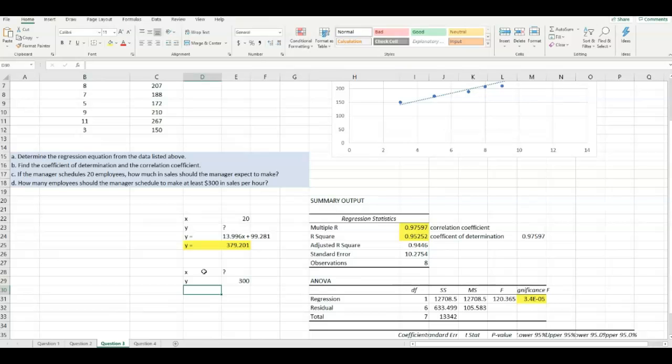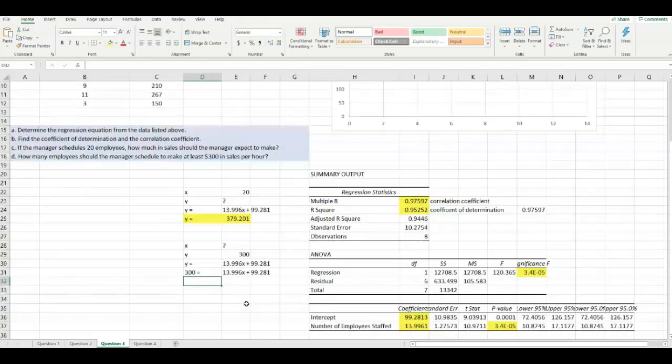So what are we going to do? Well, we're going to set it up again using our regression equation. So we have our regression equation here where the y equals our slope times x plus our y-intercept. Now we know that our y equals this 300. And we're solving for x. So we set it up like this. So we need to get x by itself, right?